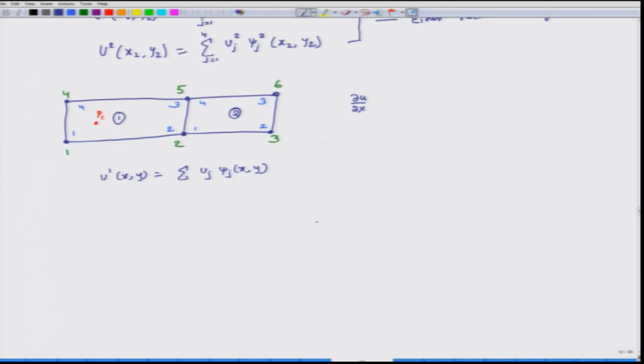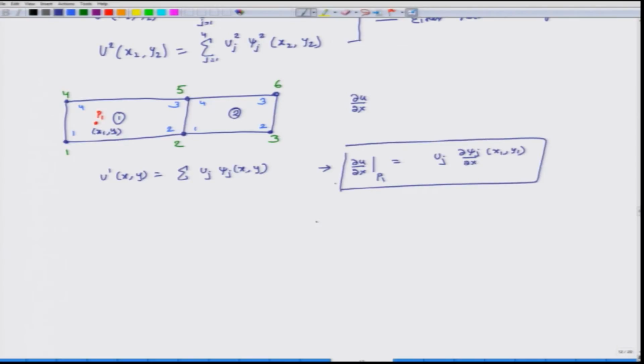So, if I have to get del u over del x at point P1, I just differentiate this term, u_j del psi_j over del x, and evaluate it at x1, y1. So, if the coordinates are x1, y1, I get this relation, and that will be my derivative.